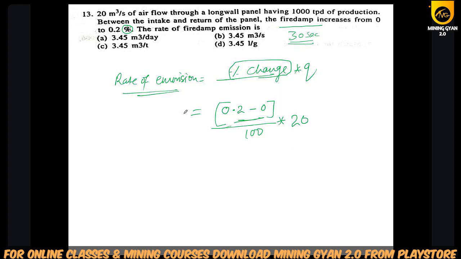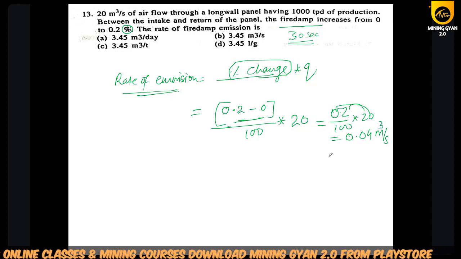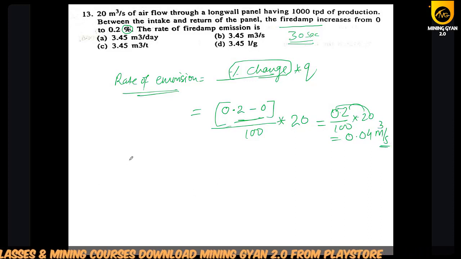So it will be 0.2 divided by 100 and multiplied by 20, which is 0.04 meter cube per second.